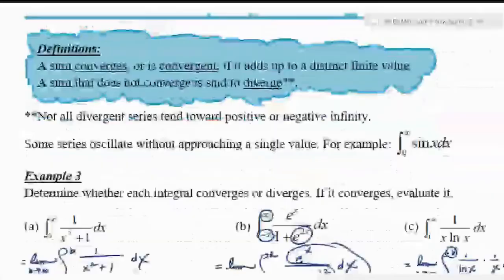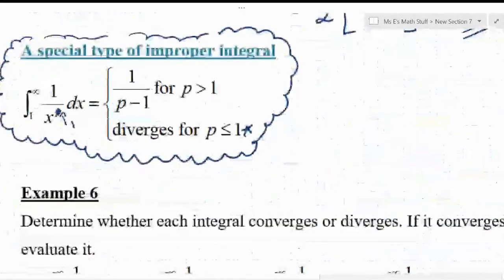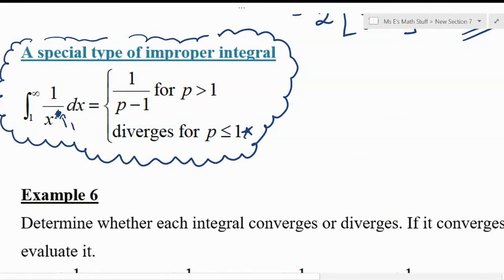Now, if your p value, let's come back down here. You know it diverges if p is 1. If p is anything less than that, like imagine p being 0, then you'd have x to the 0, which is 1. So your integrand would have been 1. Of course, that would diverge.